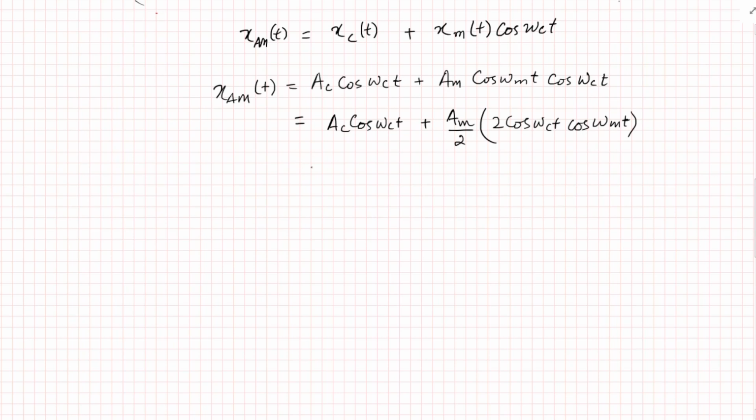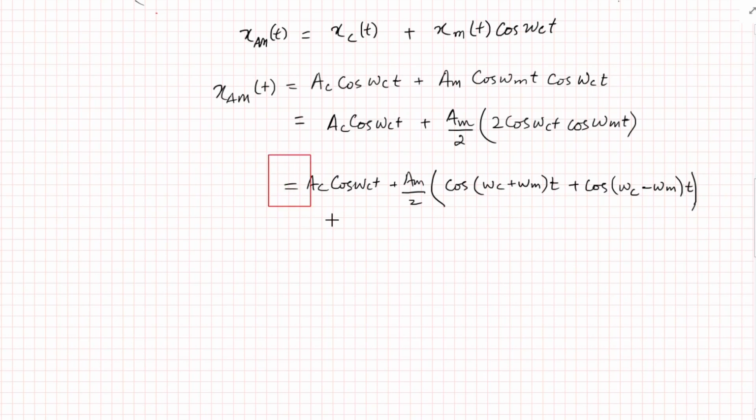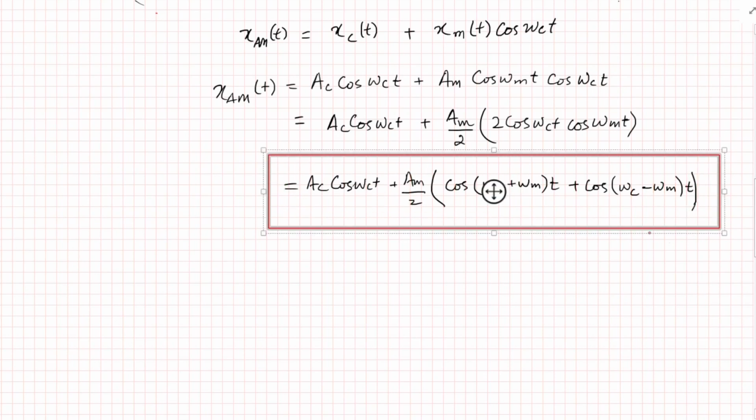Now we use our desired trigonometric identity, which will result in this term. It represents that there are three frequency components in this signal, which is omega_c.